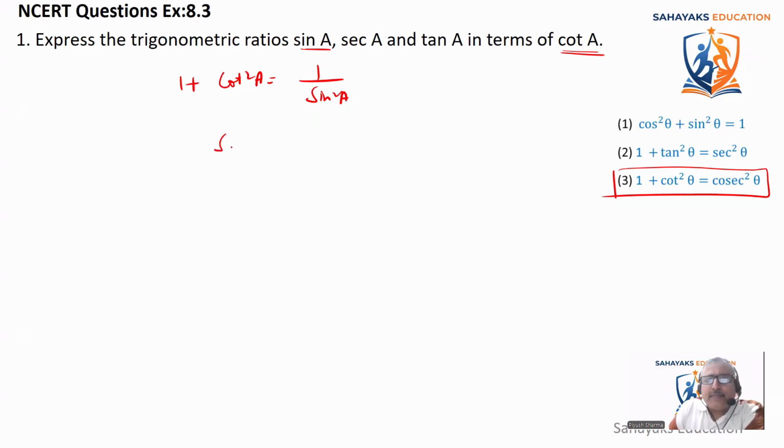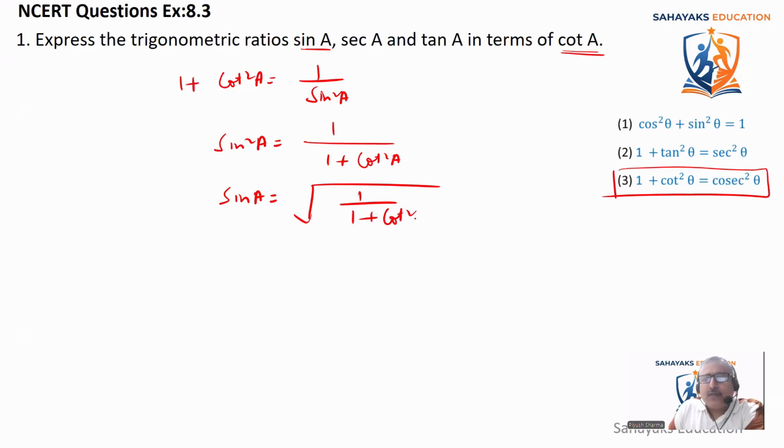So sin square A is equal to 1 divided by 1 plus cot square A. This is basically reversing both sides. Or okay, I have to convert sin A, so it becomes square root of 1 divided by 1 plus cot square A.